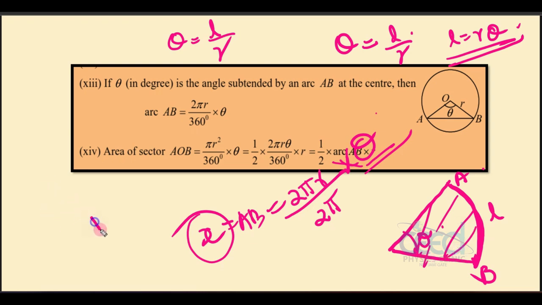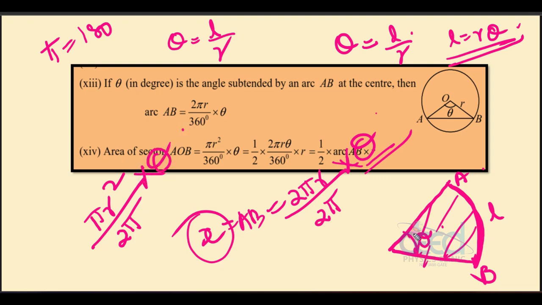That is pi r square, for the total angle 2 pi or 360. The degree measure of pi is 180, and the radian measure is 3.14. Now pi r square by 2 pi into the angle subtended, which is theta. This is the area of the sector.